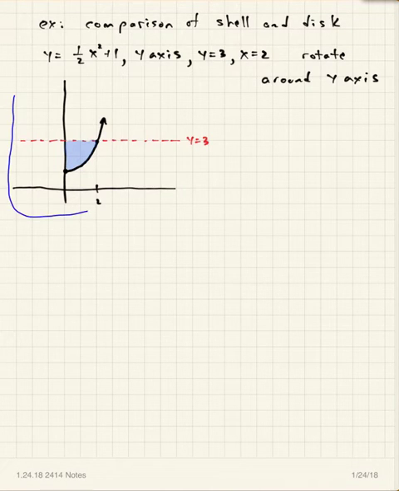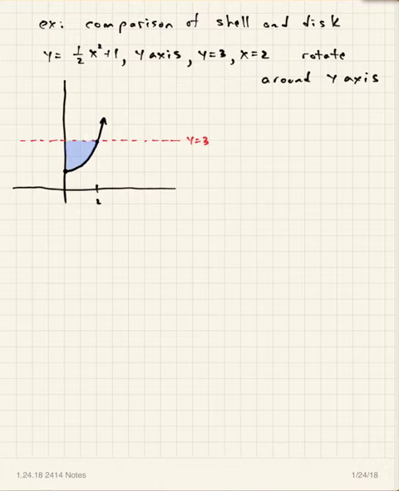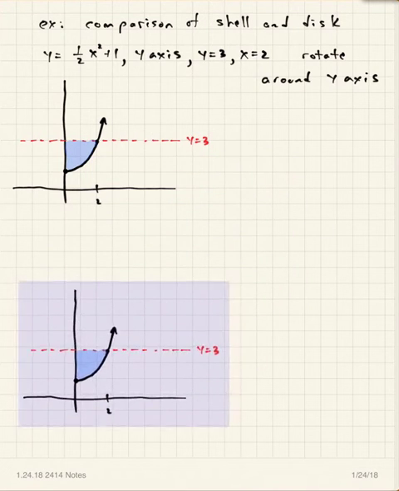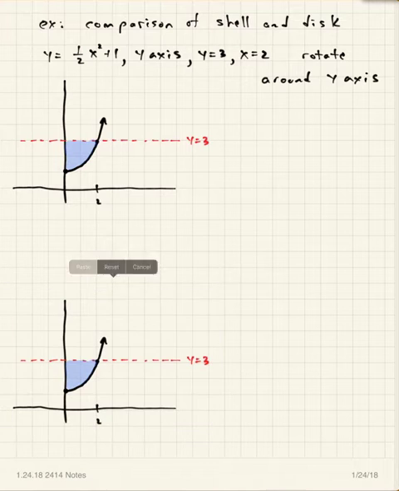Since I've already drawn it, I don't want to have to draw it again. Copy that, paste it down below here. We're going to use the shell method first and see how it will work.